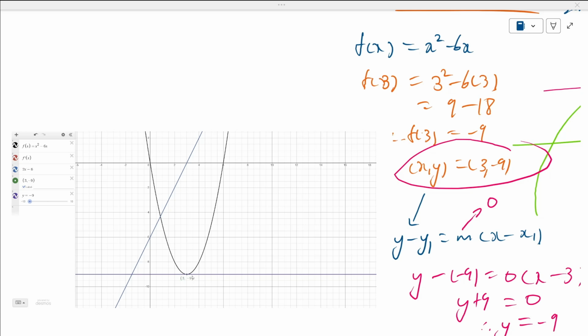As we can see, it is a tangent line because it only touches this quadratic once at that point. And in fact, this is the turning point of the quadratic. That's why the gradient function, the slope of the function, is 0 at this point. If we even remove this point, we can see that Desmos has created an intersection point for us right here of (3, negative 9). So we know that is going to be right.